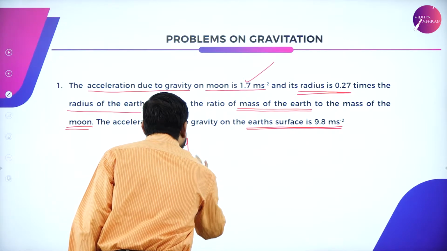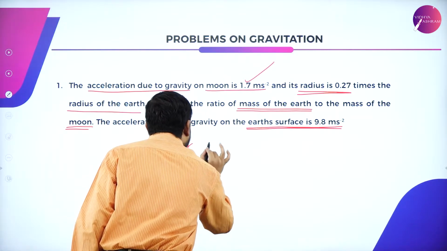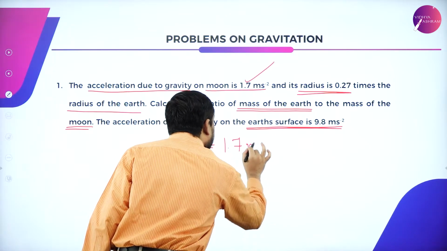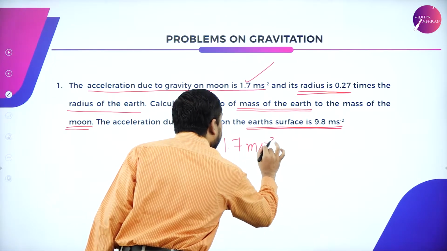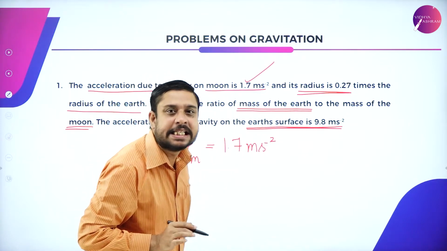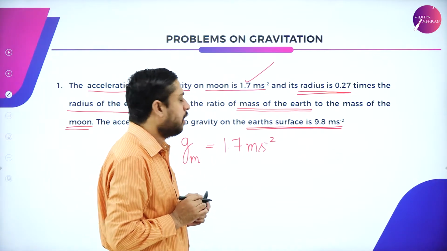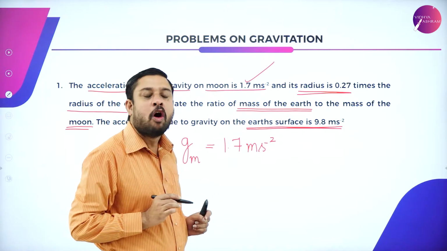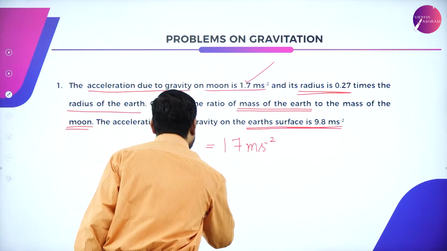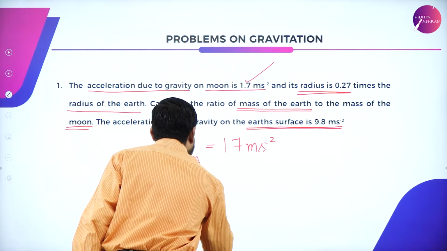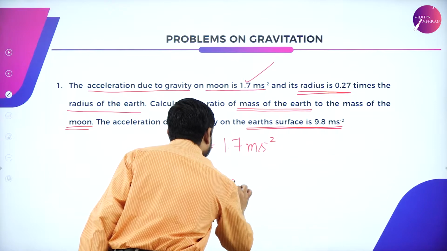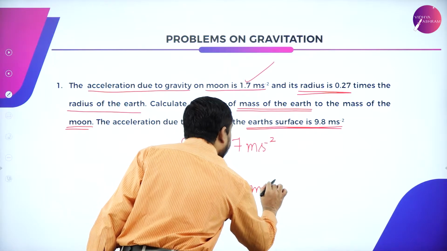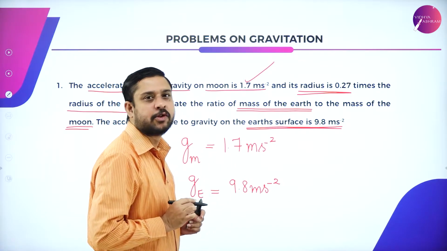So small g on the surface of moon is 1.7 meter per second square, and acceleration due to gravity on Earth's surface, GE, is 9.8 meter per second square.